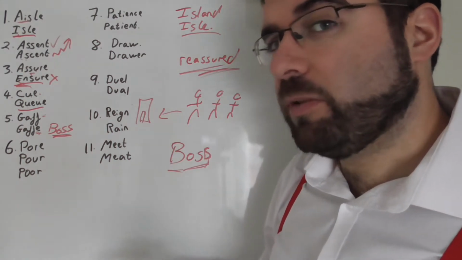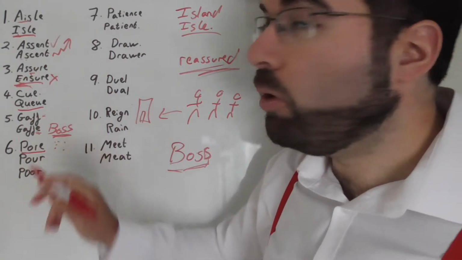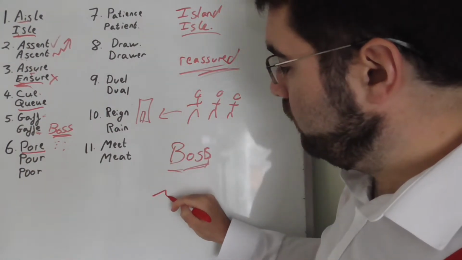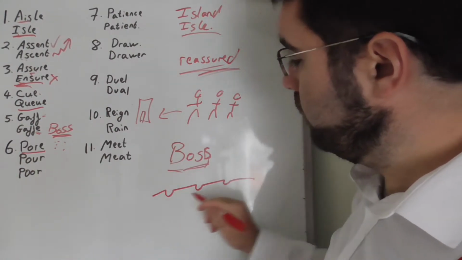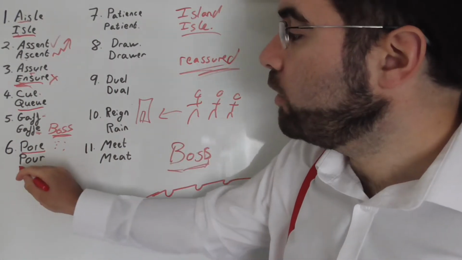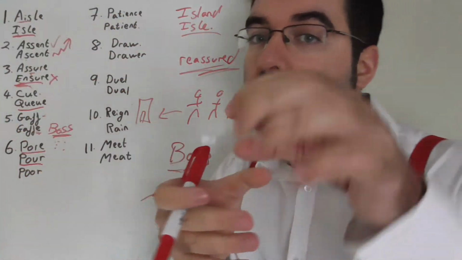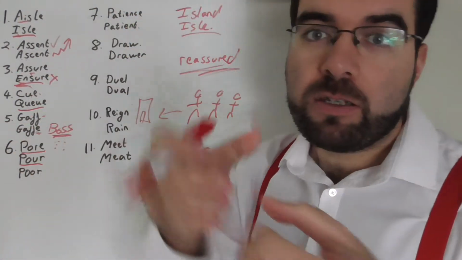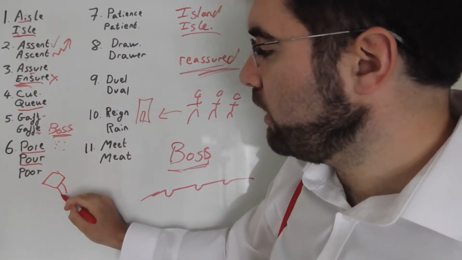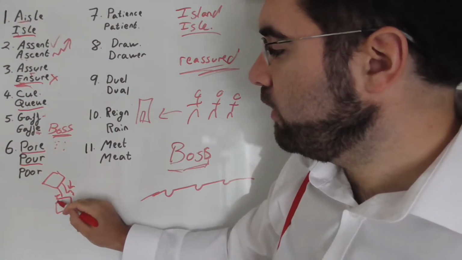Now 6 is an interesting one. So pore. Small little holes on our skin, pores, little holes. And pour, to have a liquid, to pour it from one bottle into another. Like this. It's splashing.